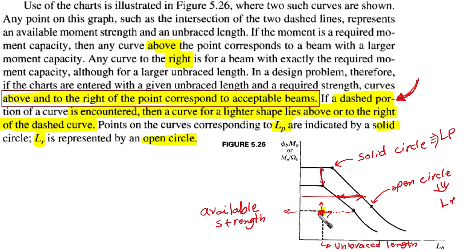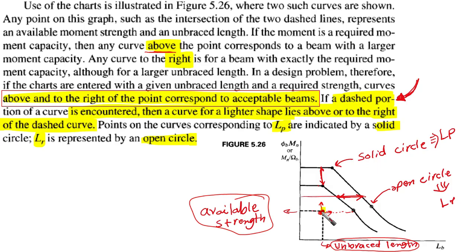Okay. Let's read this, and I'm going to give some elaboration about specific points here. Where two such curves are shown, in these charts we have two curves here. Any point on this graph, such as the intersection here of the two dashed lines, represents an available moment strength and unbraced length. If it is a required moment capacity, then any curve above the point corresponds to a beam with a larger moment capacity.